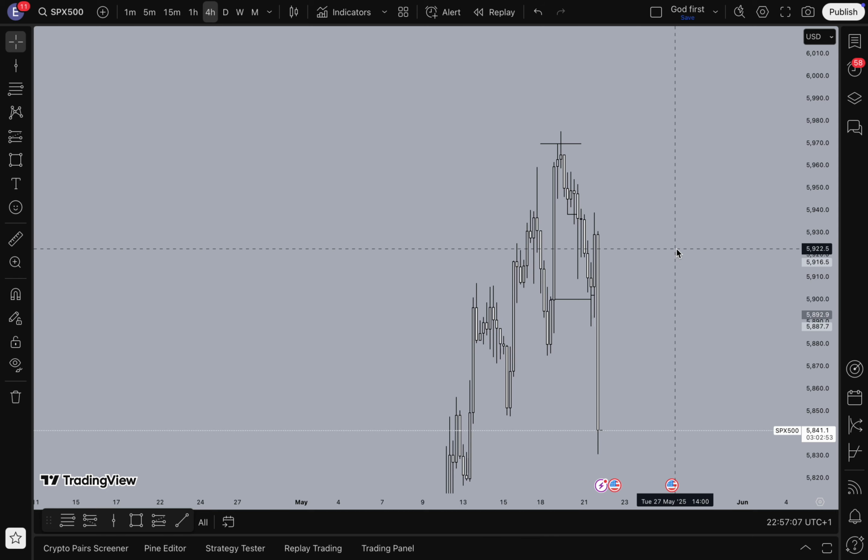That's a whole range here, so price needs to rebalance in order to target premium again.